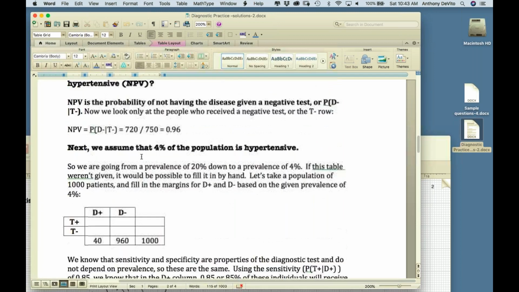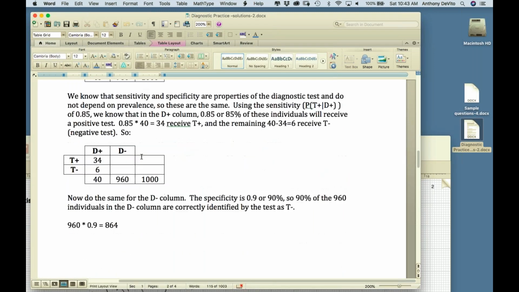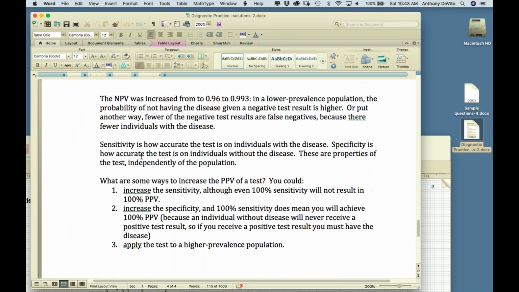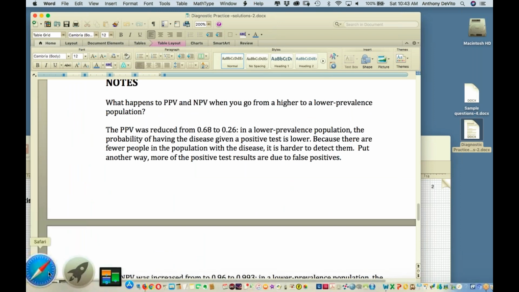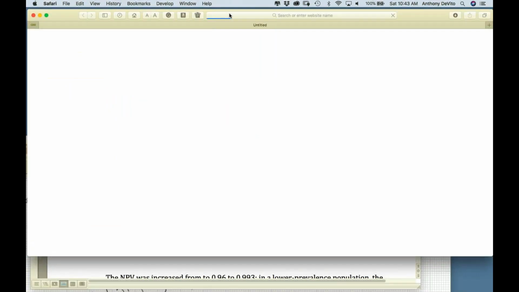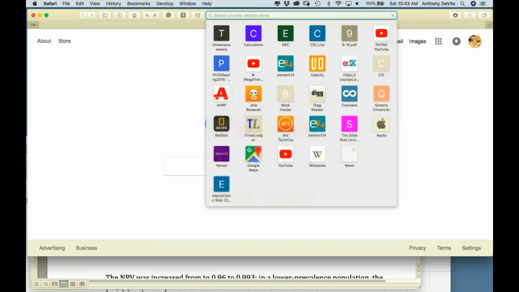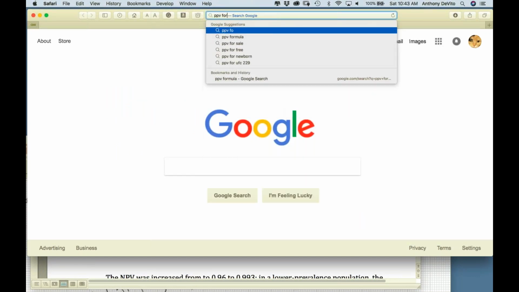you also have an option where you can use a formula. I don't have it handy right now. I'll tell you what, let me look it up. Okay, positive predictive value formula.